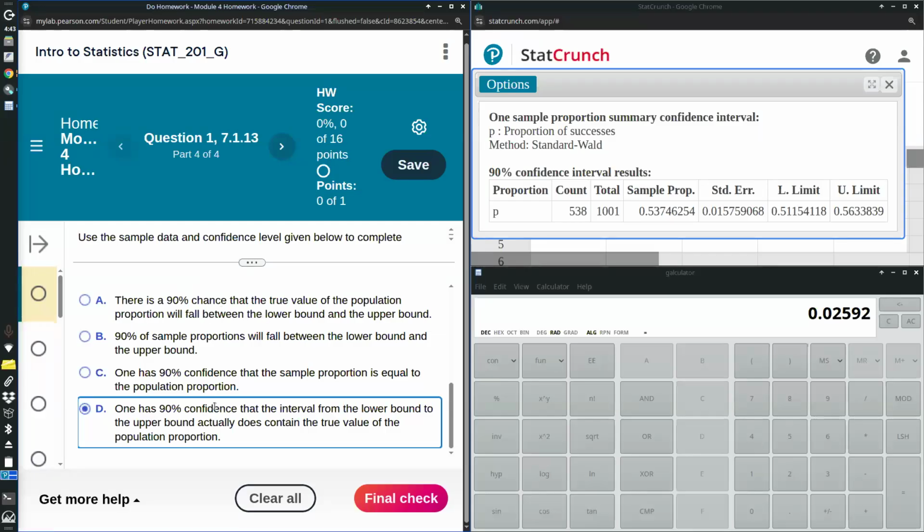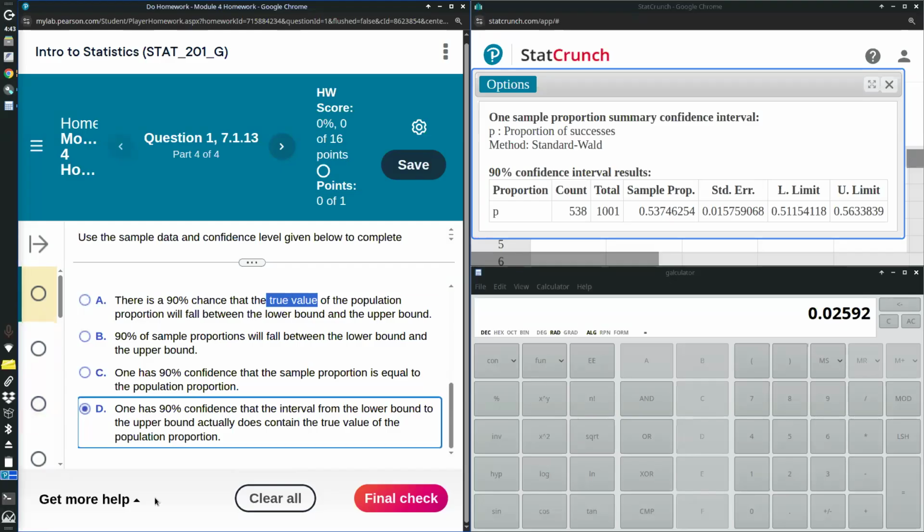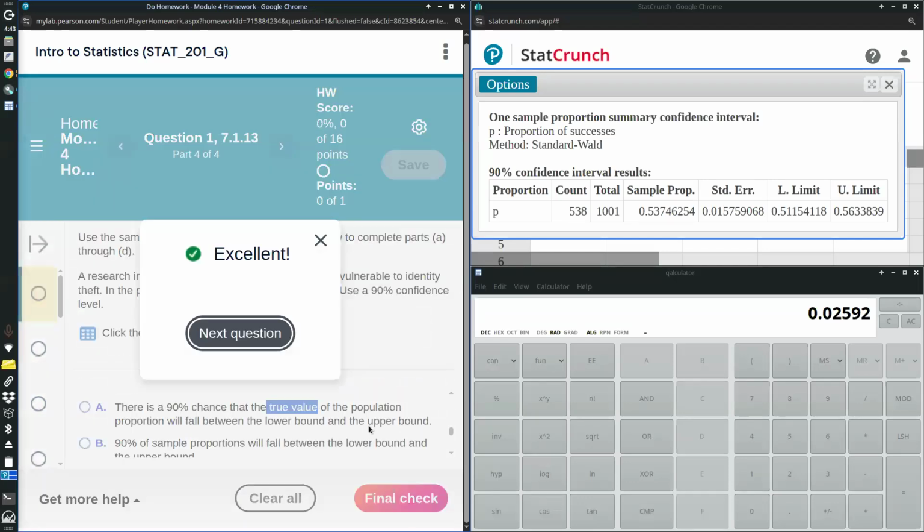I overlooked that A and D both say true value. So true value is going to lower you down to a 50-50 chance on these multiple choice questions. The thing that you want to keep in mind to distinguish between which one's right and which one's wrong is that you have a 90% confidence, not that there's a 90% chance. And that'll give you the right answer.